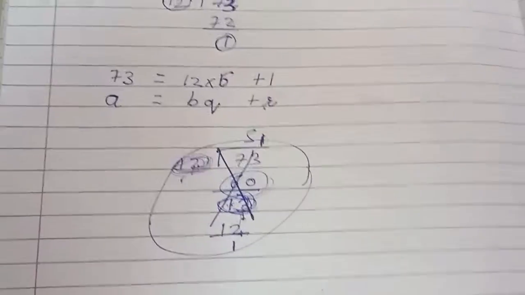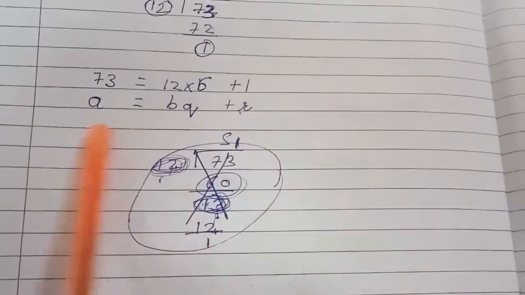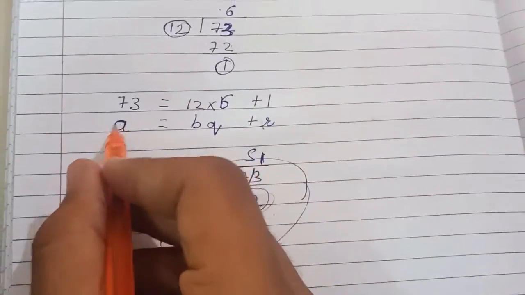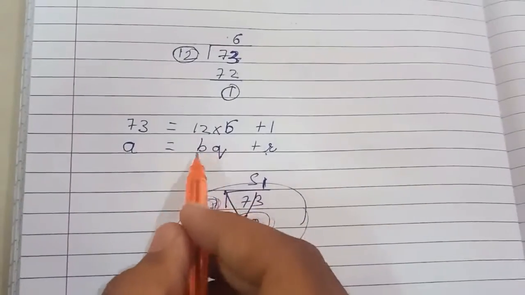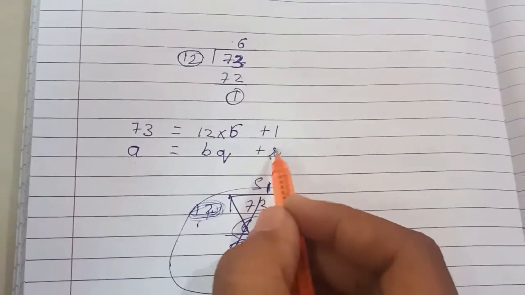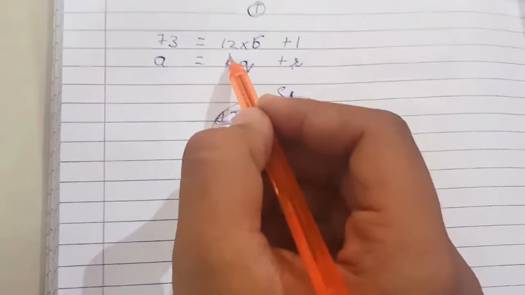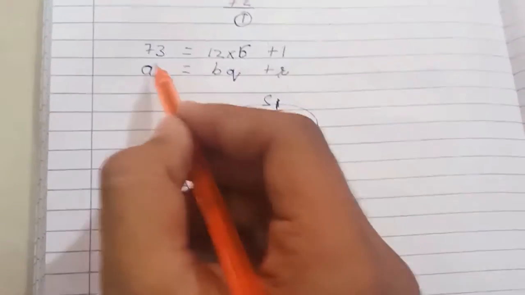So the theorem states that for any two integers a and b, there exist two integers q and r satisfying this condition. It means any integer a can be expressed as a multiple of another integer plus the remaining part. This is the remaining part. If a is an integer which is not a multiple of b, then there is something you have to add to b into q to make this integer.